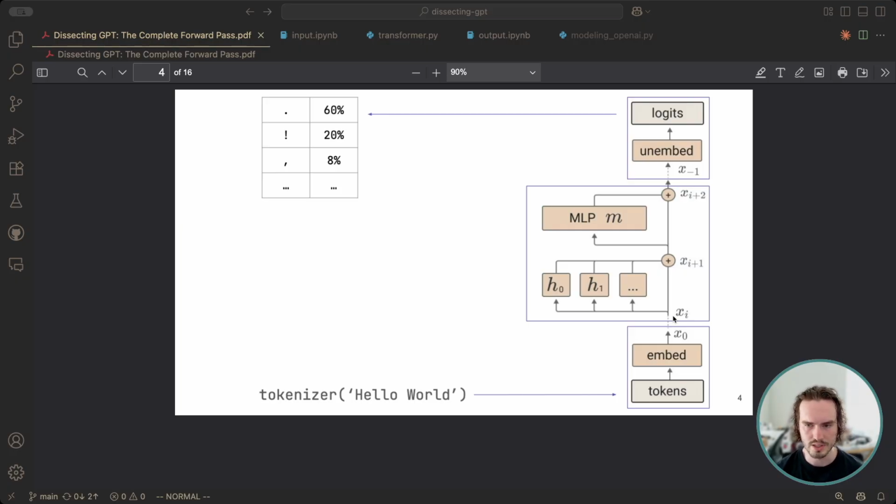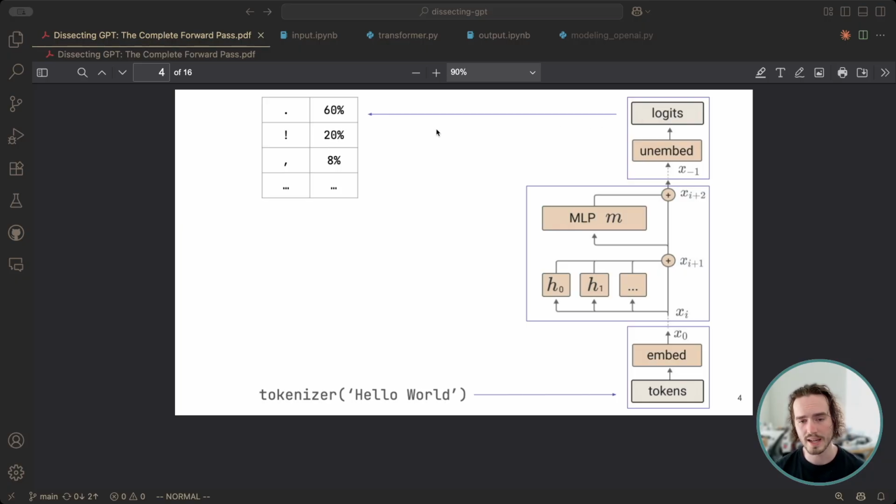Eventually, once we've run through all of our transformer blocks, we want to actually go back into the land of text. So we unembed, and then we have our logits, and then we convert things into a probability distribution.